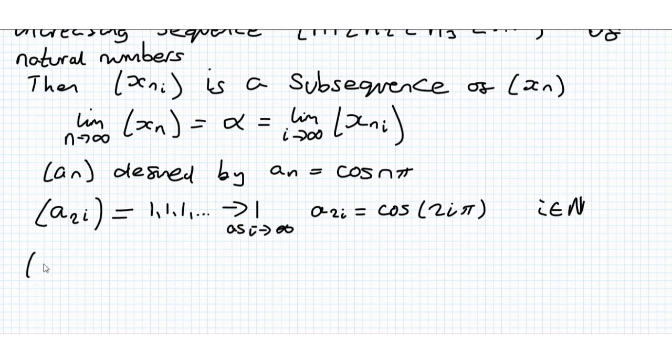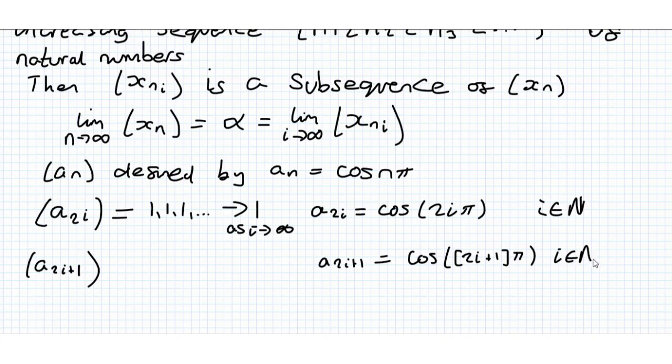Okay, now we take a look at a_{2i+1}. So this is defined as cos((2i+1)π). Again, i is in the natural numbers. The point here, again, is that 2i+1 is strictly increasing.